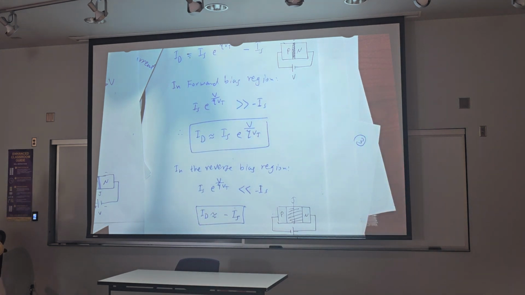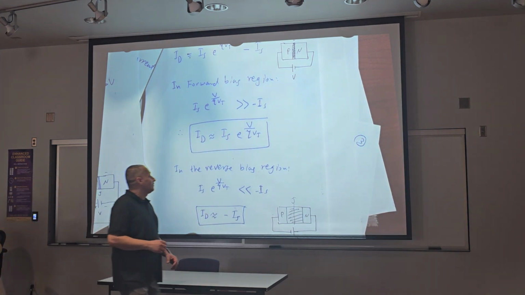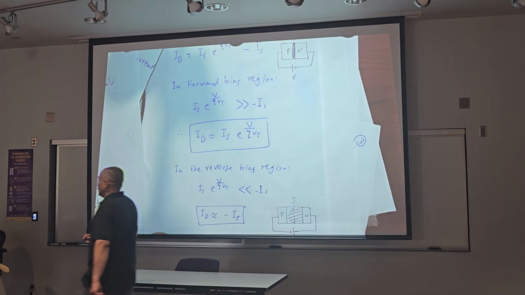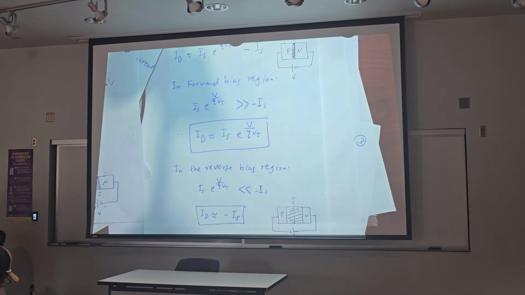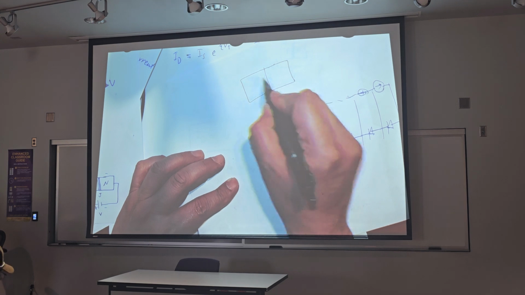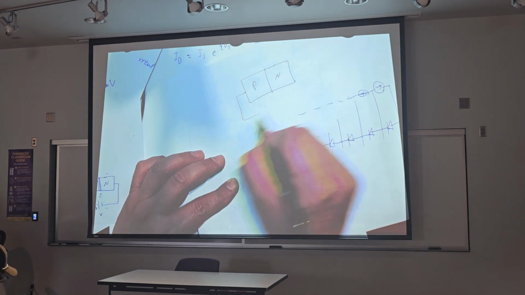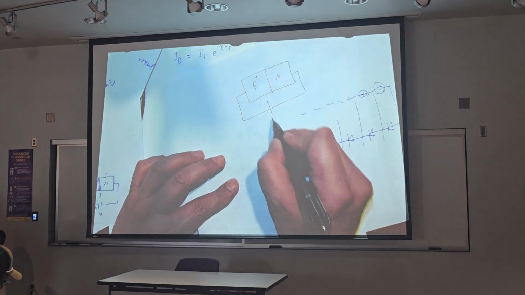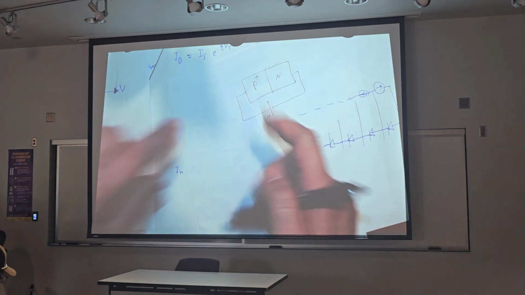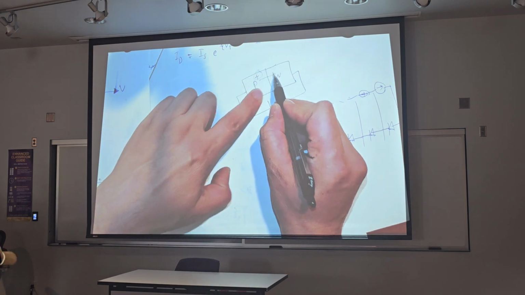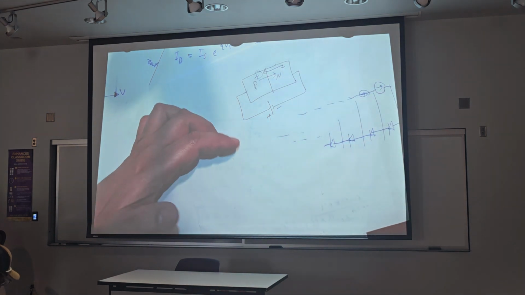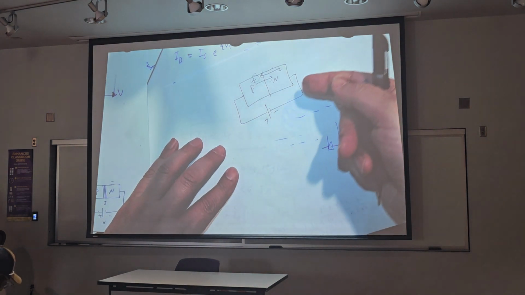Why? For forward, P is positive and this is positive, so the positive will pull the positive ions to the other side, and the negative pushes the electrons to the other side.